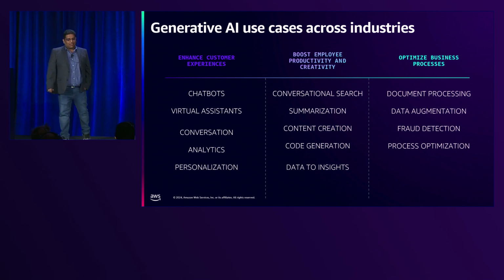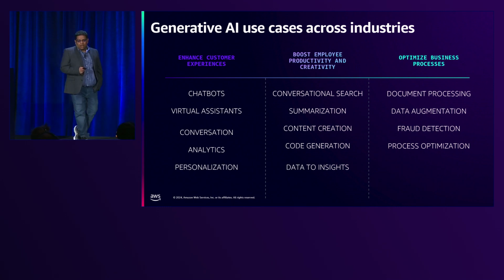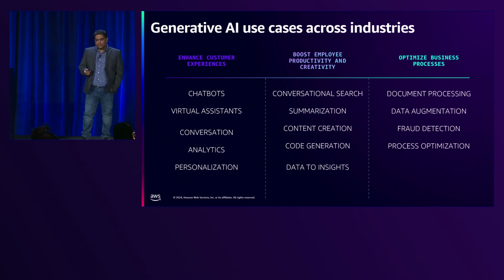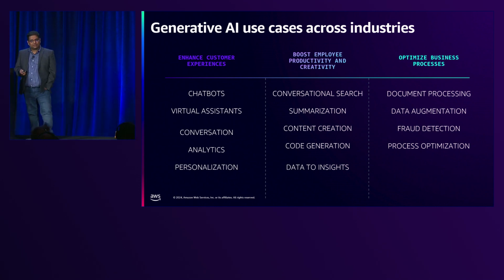Naturally, what we see from customers around generative AI applications is that they talk to us around three pillars. First, how can they enhance their customers' experience? How can they boost employee productivity and creativity? And how can they optimize their existing business processes?